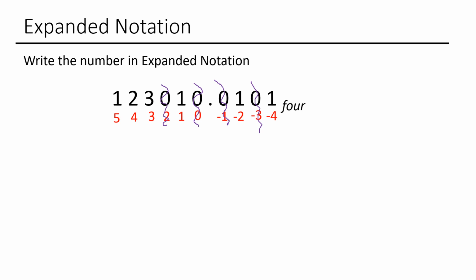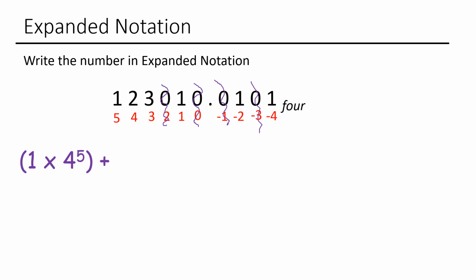All right, so the first place value I'm going to look at is this 1 right here, and it's going to be 1 times 4 to the 5th power. So 1 times 4 to the 5th power. Now you tell me what comes next.